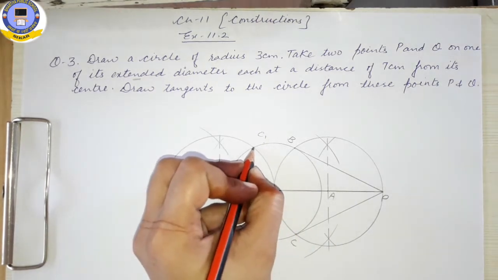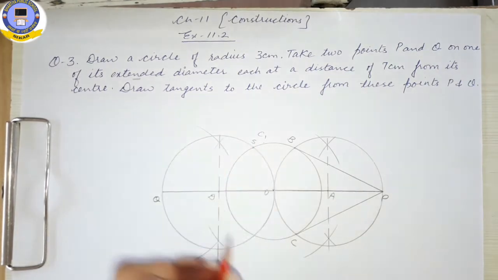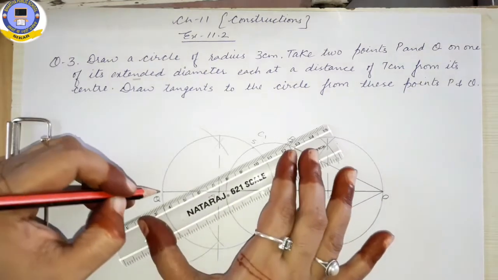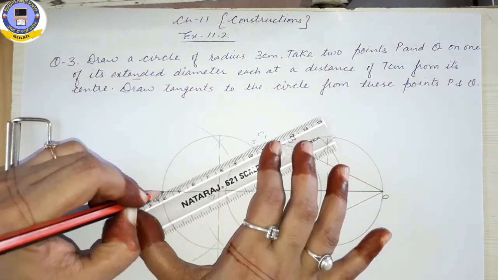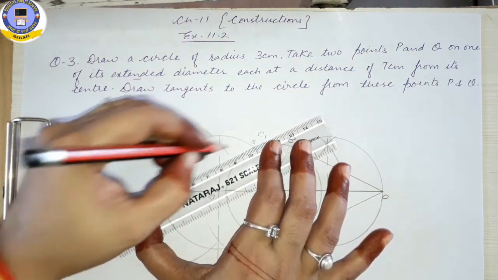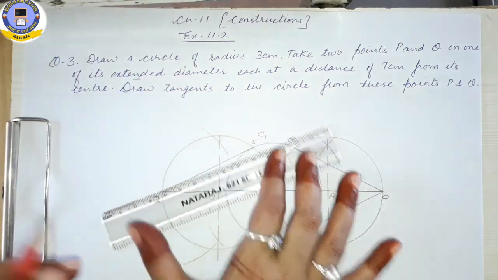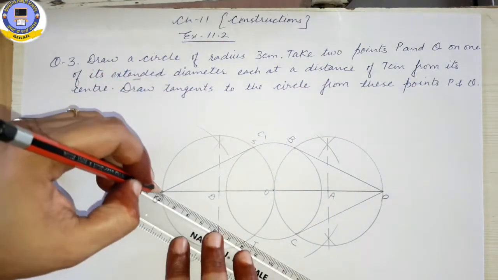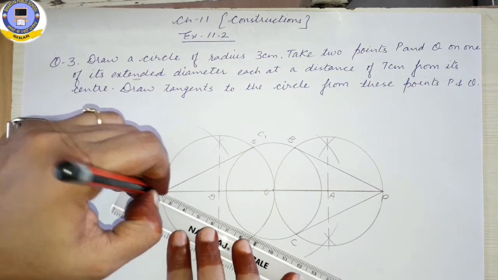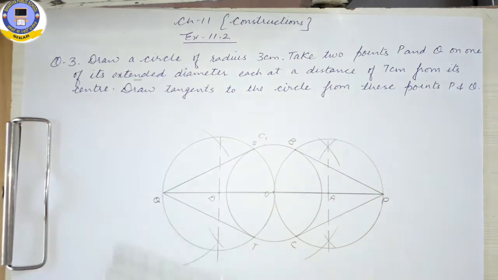Label them as S and T. Now join QS and QT to get required tangents. When we join QS and QT, we will get required tangents.